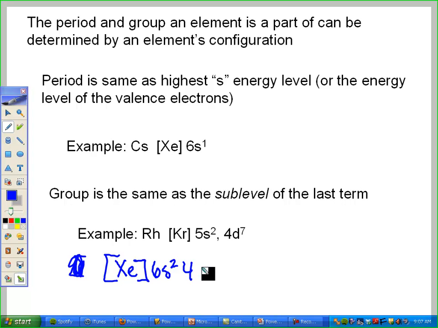Oh goodness, I picked a big one. 4F14, 5D10, 6P1. Okay. So try that one, pause it, and when you get done, let's see what you got.